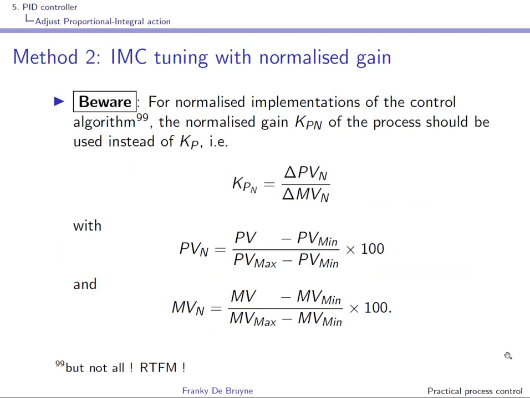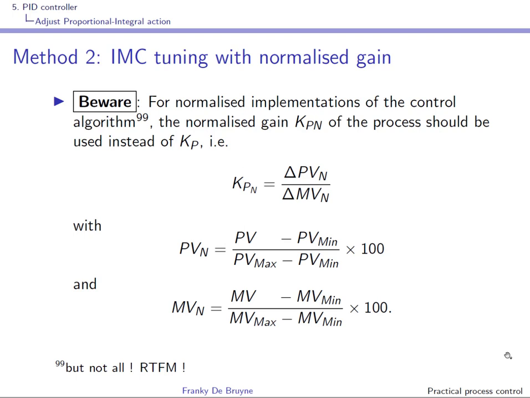For this IMC tuning method, IMC PID tuning method, you're using a description of the process, and here it is very important to know if your PID control algorithm is working with a normalized error or not. If you have a normalized implementation or not.